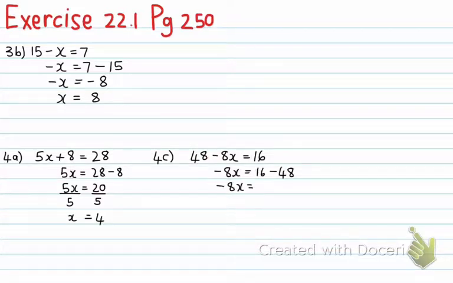Now 16 minus 48 is going to give me negative 32. And now I want to get this x alone, so I have to divide with this negative 8 on both sides. So negative 32 divided by negative 8 is going to give me a positive 4, because a negative divided by a negative is a positive.